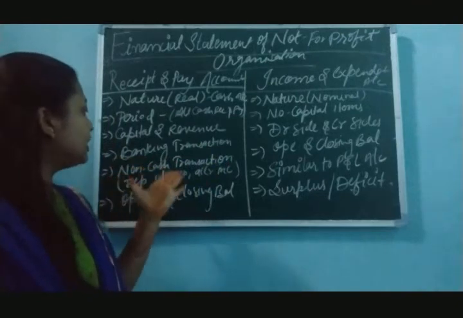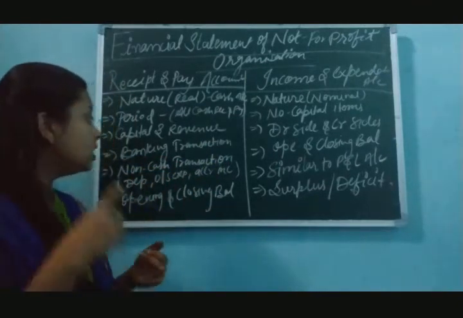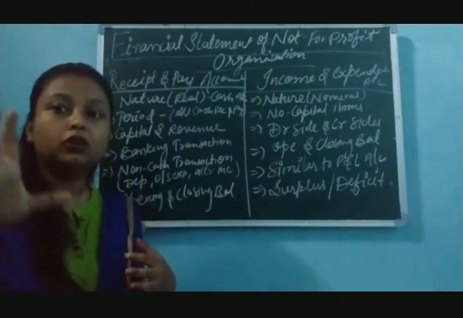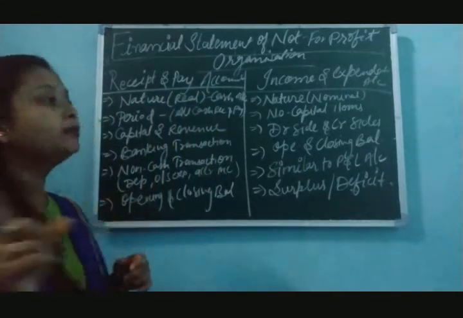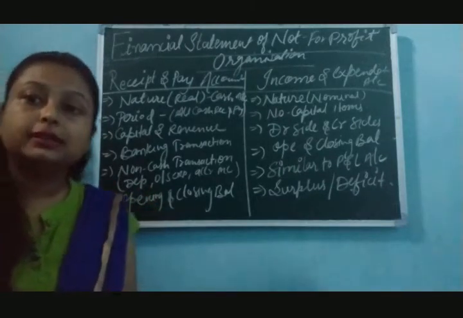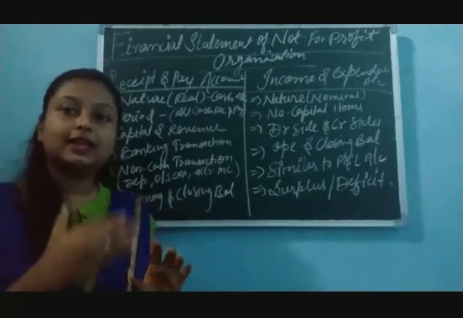Next is non-cash transactions. Non-cash transactions like depreciation, outstanding expenses, accrued income, such kinds of things we are not going to record in receipt and payment account. Opening and closing balance: yes, this account has an opening as well as a closing balance.